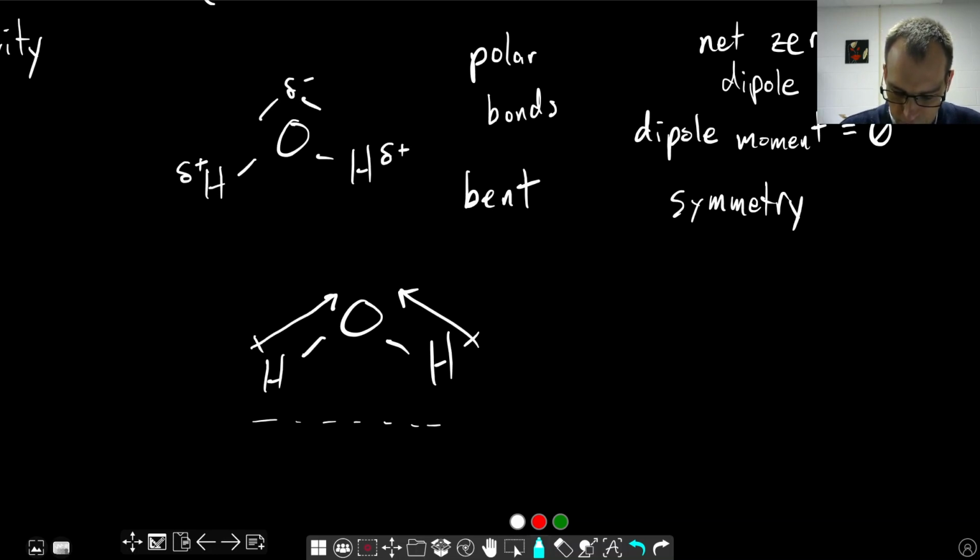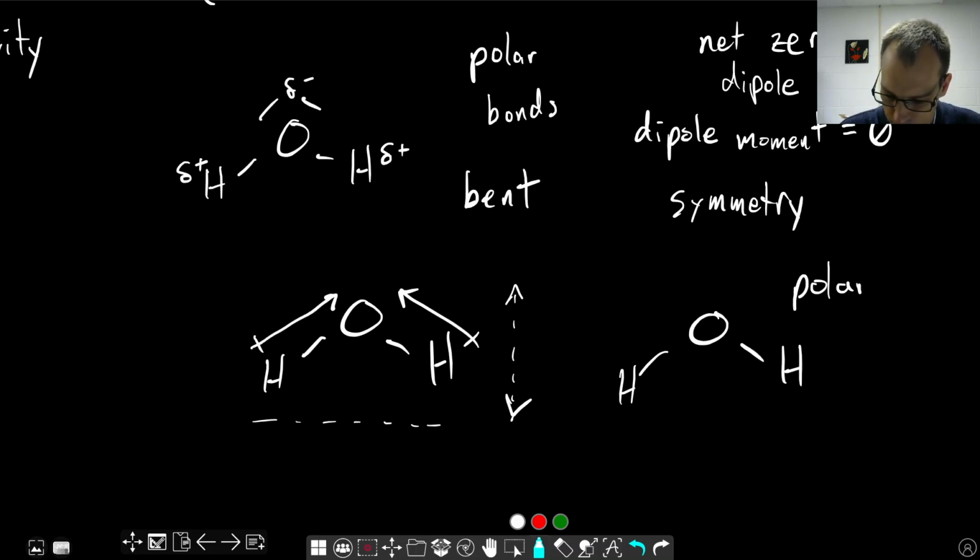But if we're thinking about this direction, from the top to the bottom of the molecule as I've drawn it here, these arrows don't cancel out. In fact, they add together a little bit. And so what we get overall is that the dipole moment, right, so water is polar, goes from about here in between the hydrogens pointing towards the oxygen.